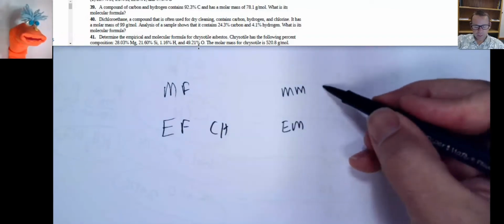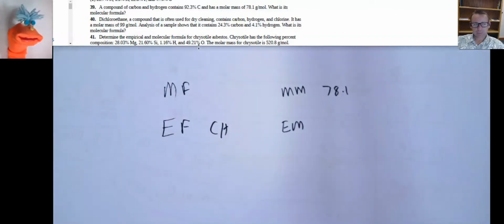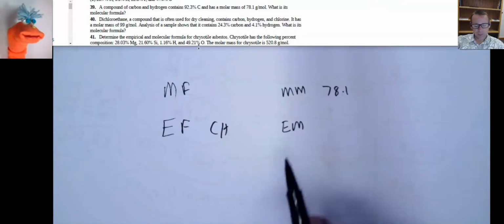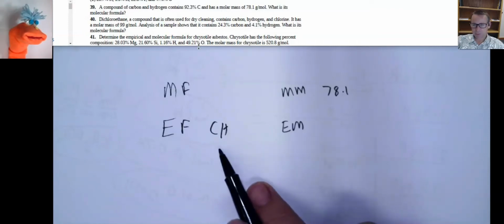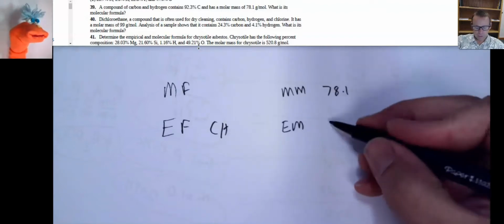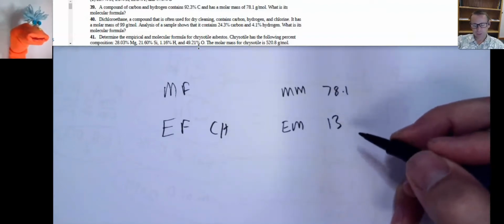They gave us the molar mass of 78.1. What about the empirical mass? Where do you get that? It's just the mass of the empirical formula. So that's 12 and 13? That's right, 13.